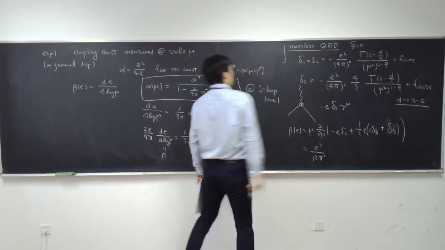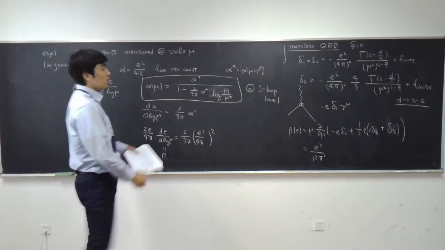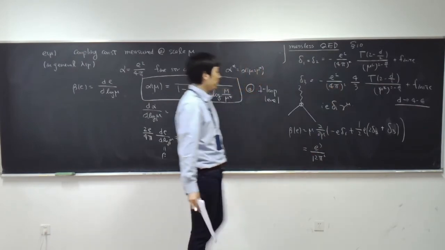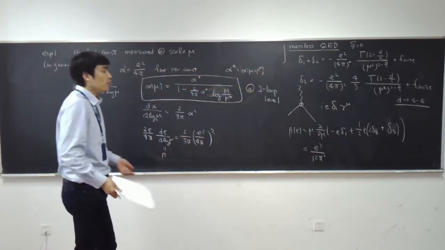Okay. So here we only compute the one loop order, and that has been done essentially by Gell-Mann and Low.